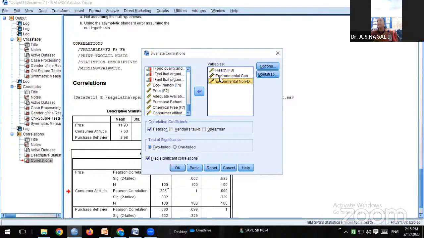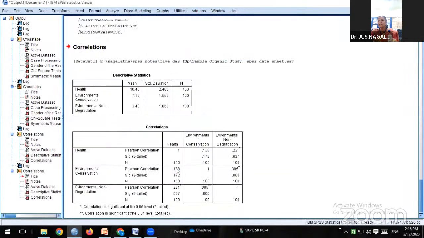So these are the three scaled variables. This is actually a computed variable, whatever I found in the loading of factor analysis. Already I have fixed this, so no need to do it again. I have to simply give OK.